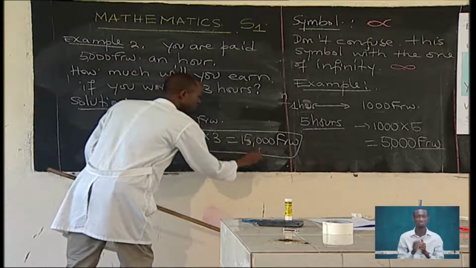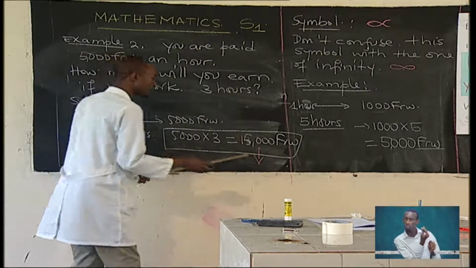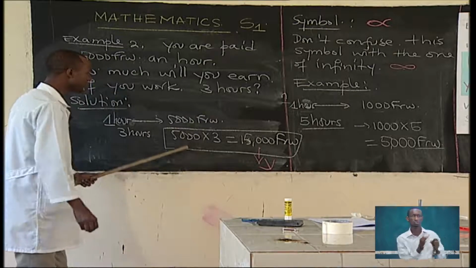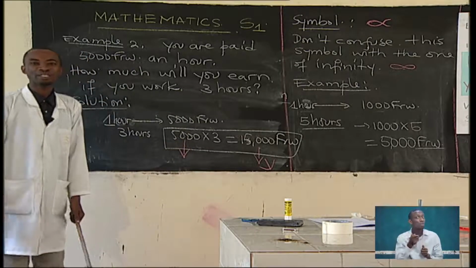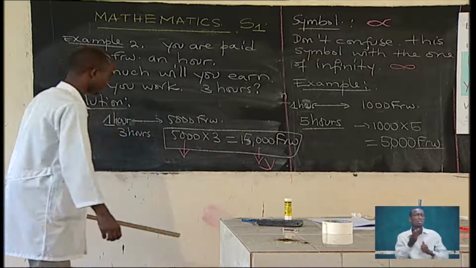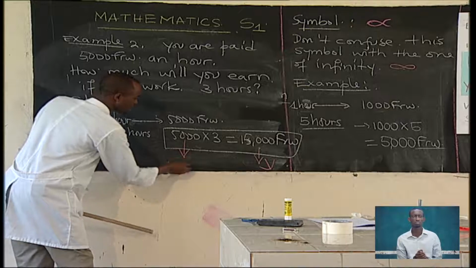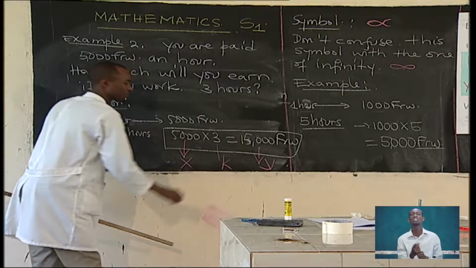As you can see, this is the amount you get when you work 3 hours, and this is y. And here, this is the amount of money you are paid over 1 hour. We have this one as x, and of course this one is k.